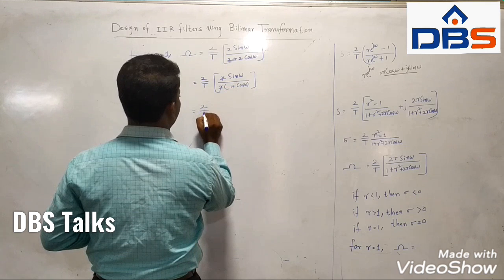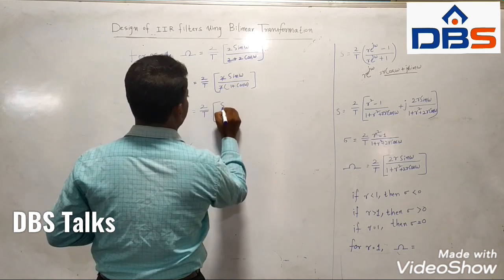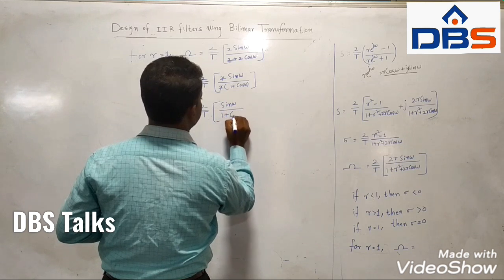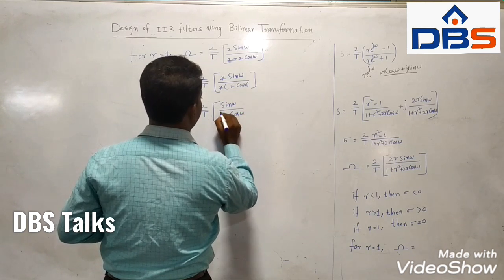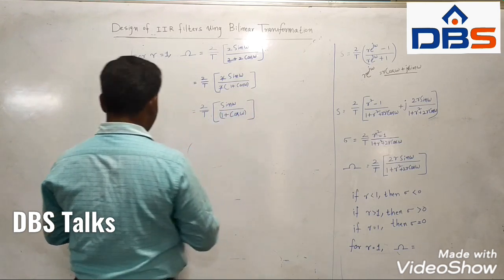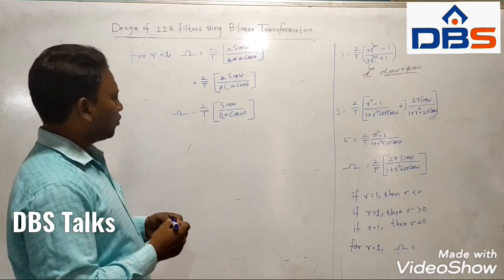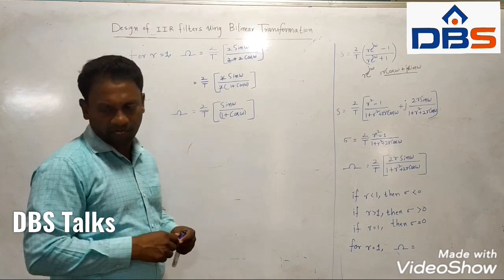Then it is 2 by T, sin omega divided by 1 plus cos omega. This is the omega value. Now we have to represent it in the required form.